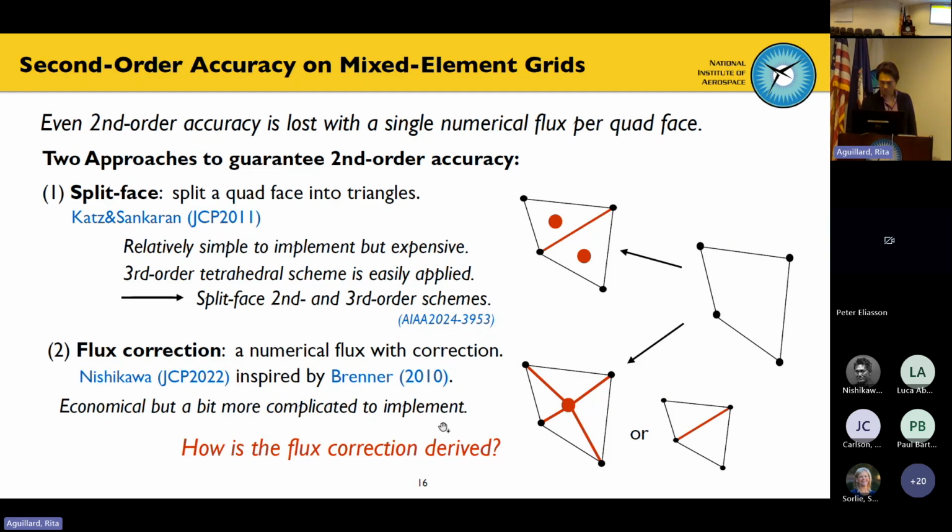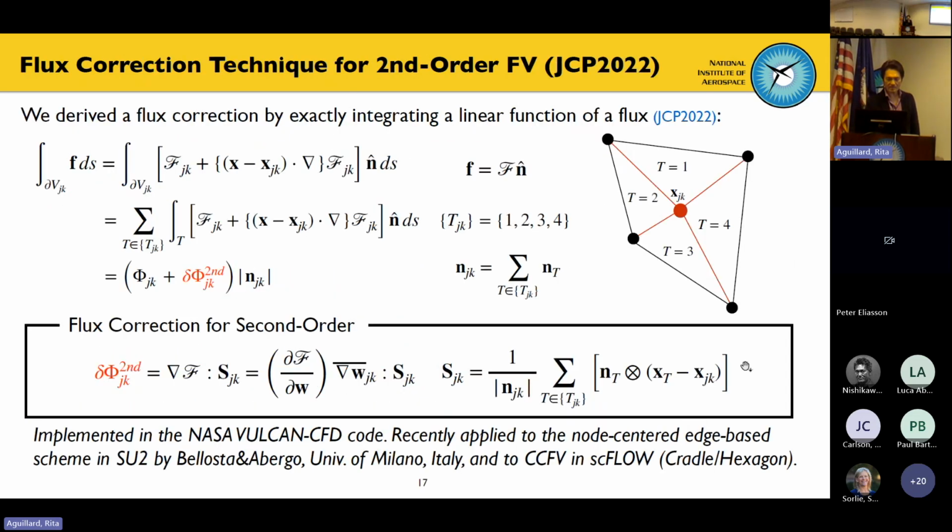And here is how it is derived for second order accuracy. Here's a linear polynomial of the flux, and I just need to integrate this exactly over this quad. To do this, I split the quad into four triangles. It can be two. And then for each triangle, I can integrate this linear polynomial exactly.